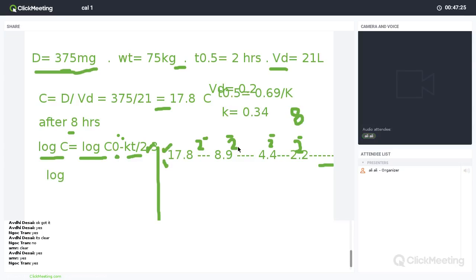The log of 17.8 minus K, 0.34, multiplied by T, which is 8, divided by 2.3. Let's see this now: 0.34 multiplied by 8 divided by 2.3 will equal 1.18.